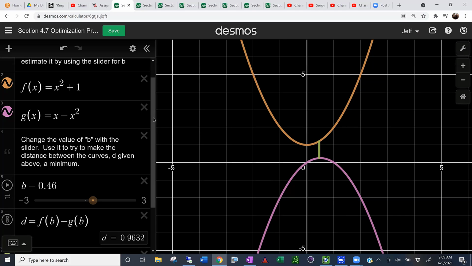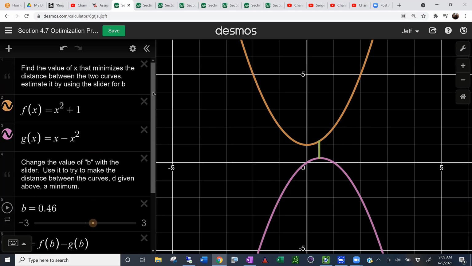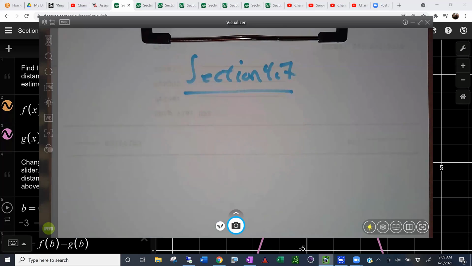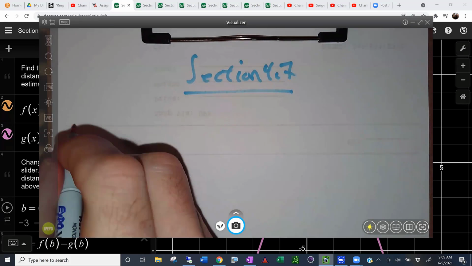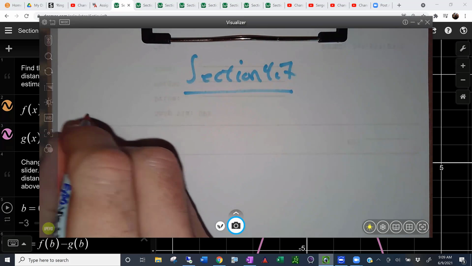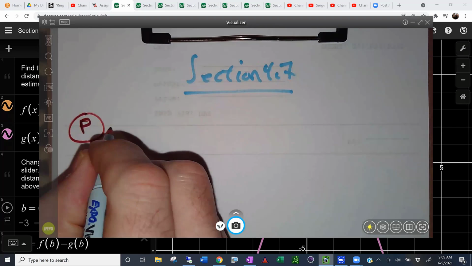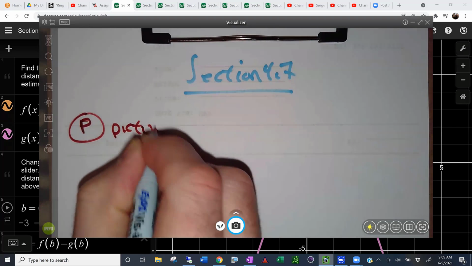Well, this is a nice intro in terms of it's got all the little elements that I'd want from you and the way I teach it in a face-to-face class. So the first thing to do is to draw a picture. So picture.